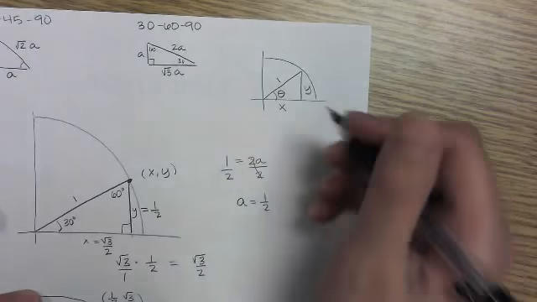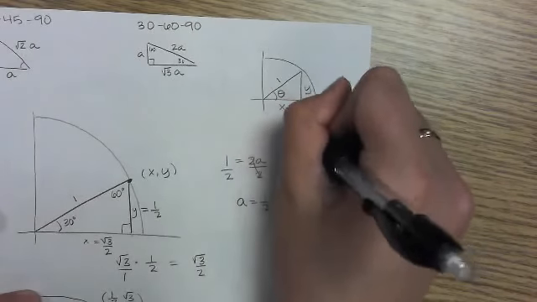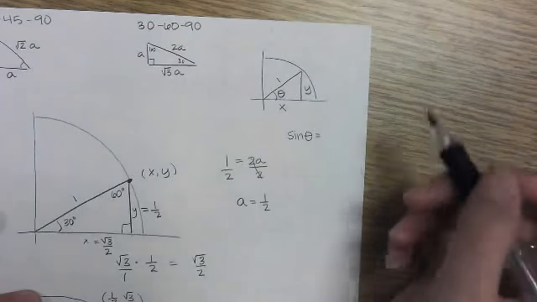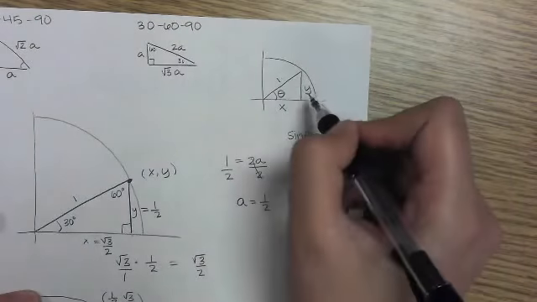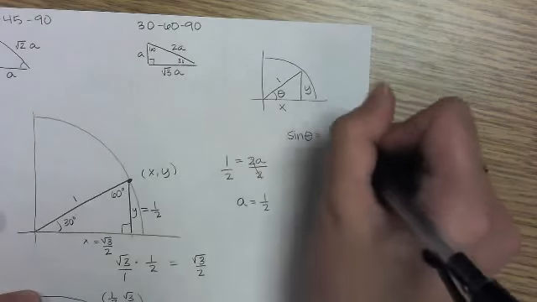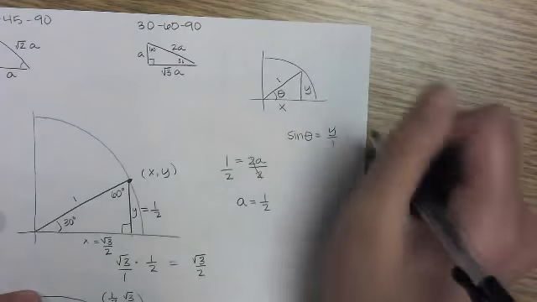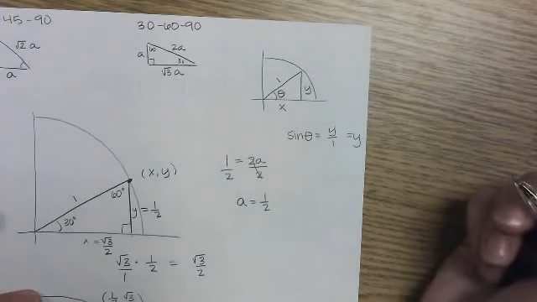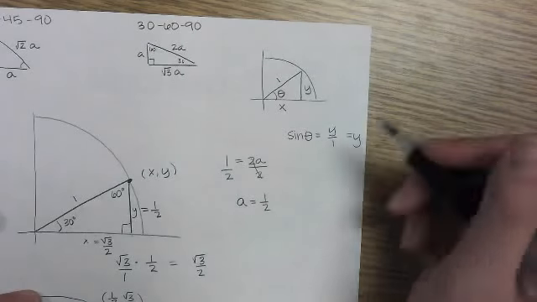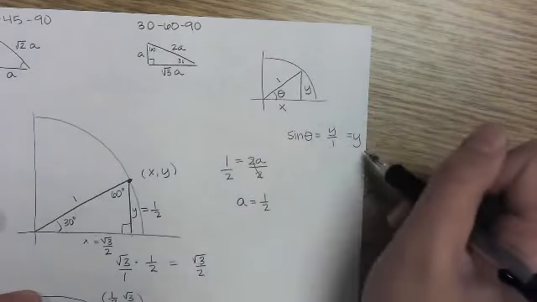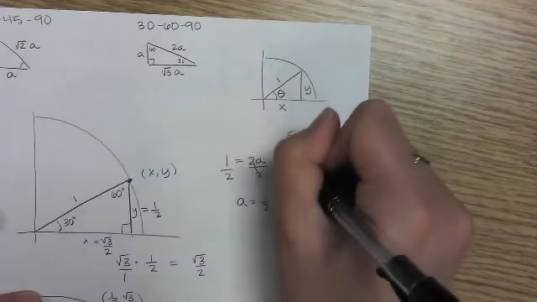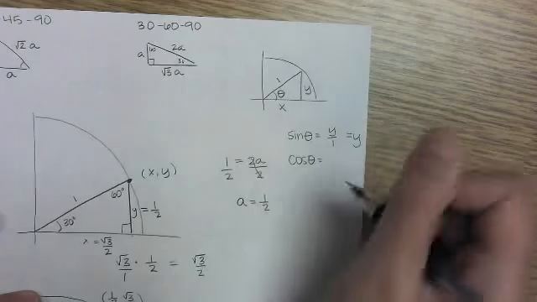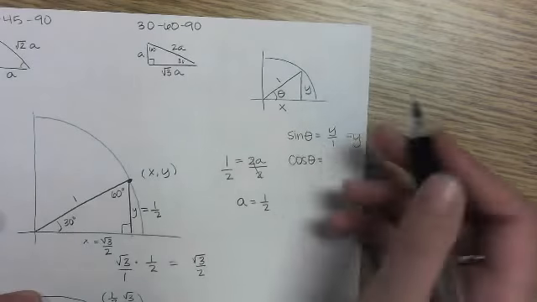So now, if I wanted to know what sine of theta was, I would say opposite over hypotenuse. So sine of theta is y over 1. And y over 1 we know is just y. So if I ever want to know what sine of an angle is, I just have to look at the y coordinate at that point. Cos theta is adjacent over hypotenuse.